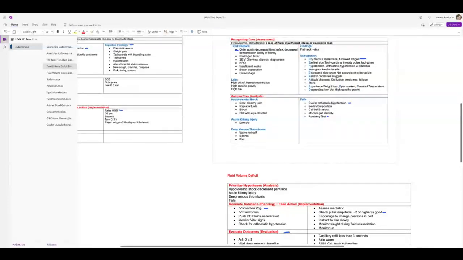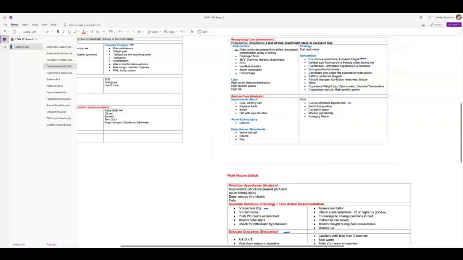What that means is that when they're dehydrated, they can get confused, weak. They'll be thirsty, and they'll have weight loss and an elevated temperature. Their urinary output will be low, and they'll have a high specific gravity. All right, falls, make sure you know the nursing interventions for falls.